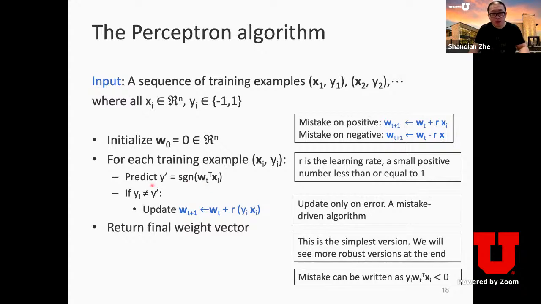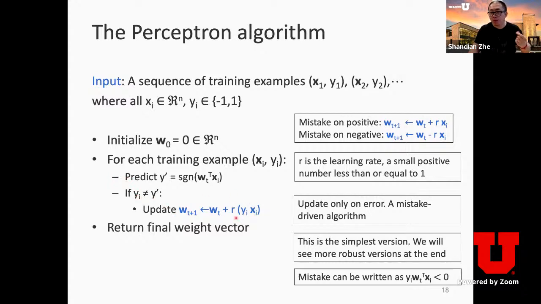And then we compare our prediction with the ground truth. If the prediction is correct, then nothing happens. Nothing needs to be done, we just look at the next training example. We only update our model when our prediction is wrong.